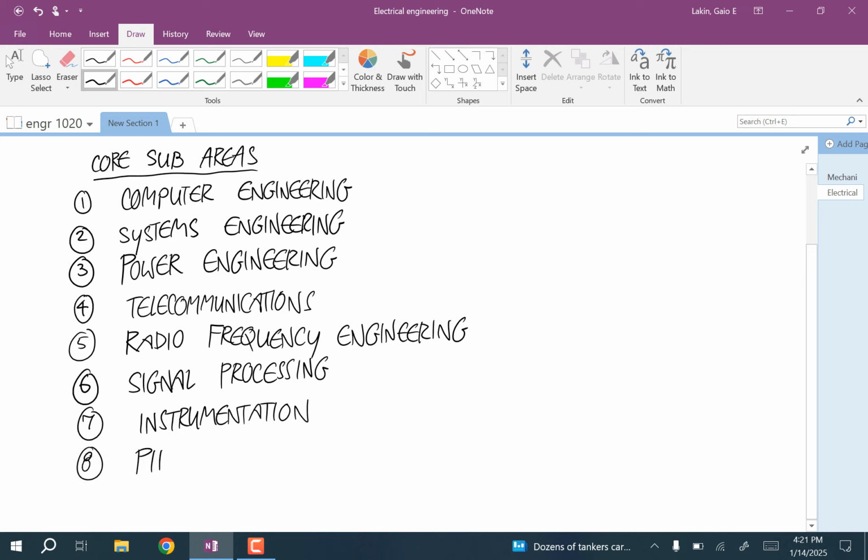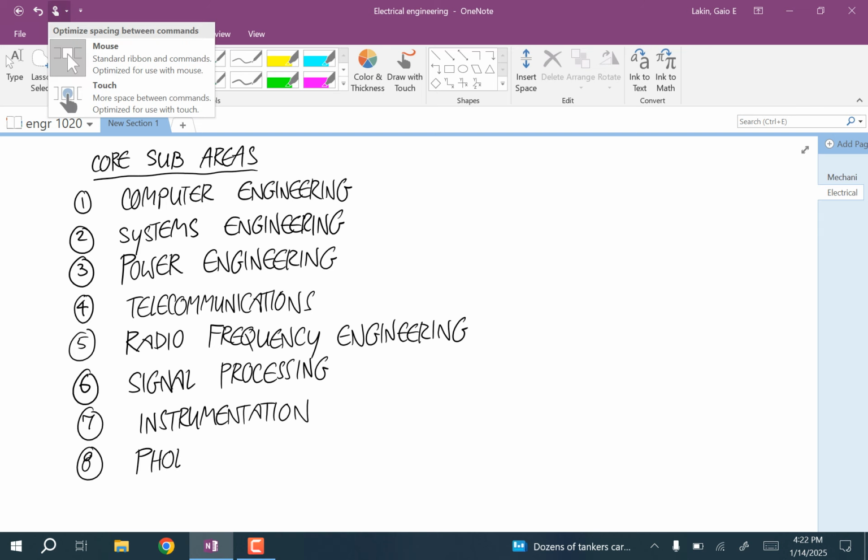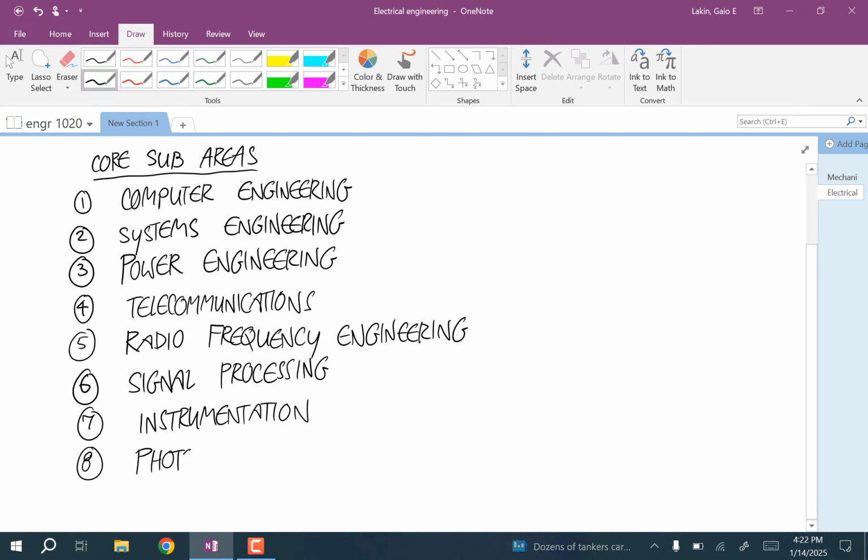Eighth is photovoltaic cells. These are cells that convert light into energy, usually light from the sun, like solar panels. This is one area where a lot of students have an interest in green energy, and it is one place where electrical engineering can be used to the benefit of green technologies.